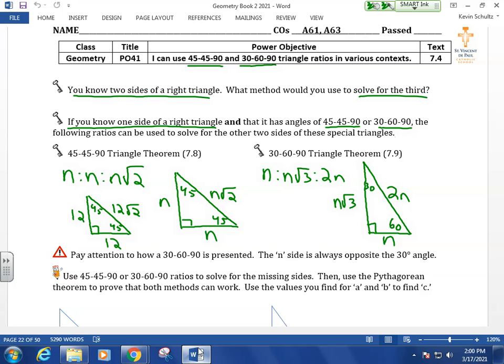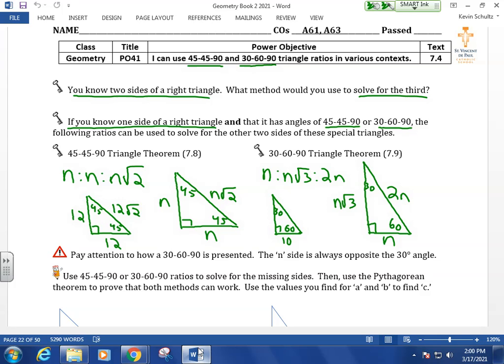So anyway, looking at application here, here's a miniature 30, 60, 90 triangle. There's 30 degrees there, 60 degrees there. If I tell you that our N side is, let's go 10, what's the length of our long leg?